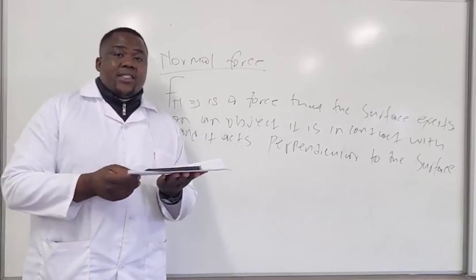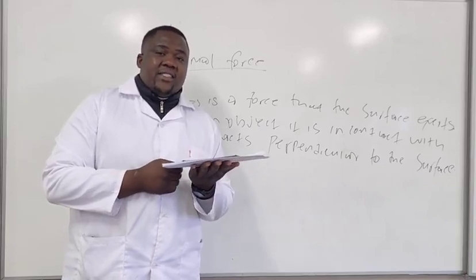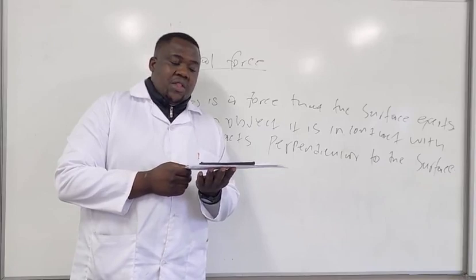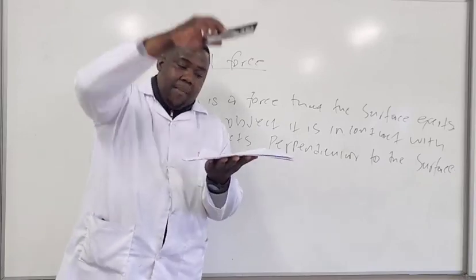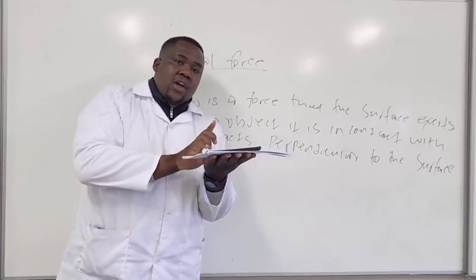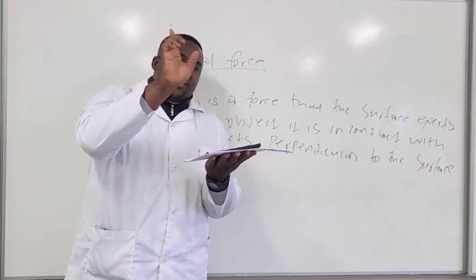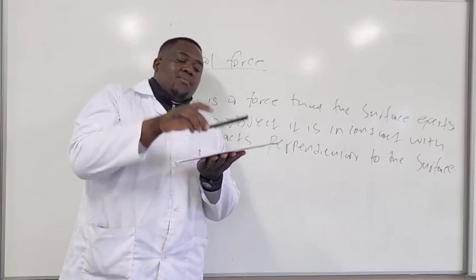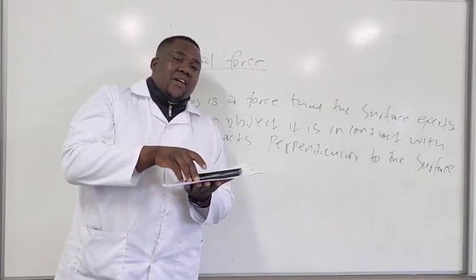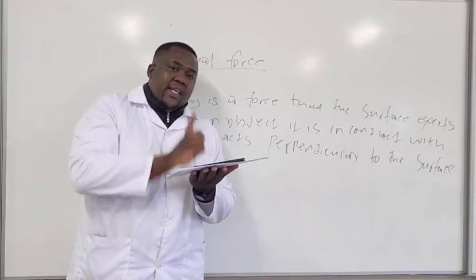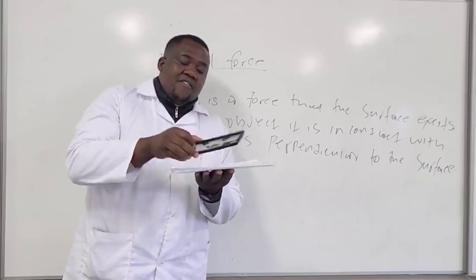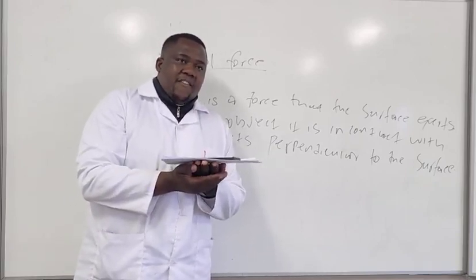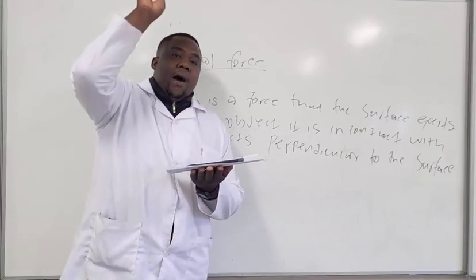So a normal force is a force which a surface exerts on an object that it is in contact with. This surface, which is a paper, is going to exert a force on this object. So whenever you put something on the surface, it is going to exert a force. Obviously, since the surface is below the object, the force will go up.